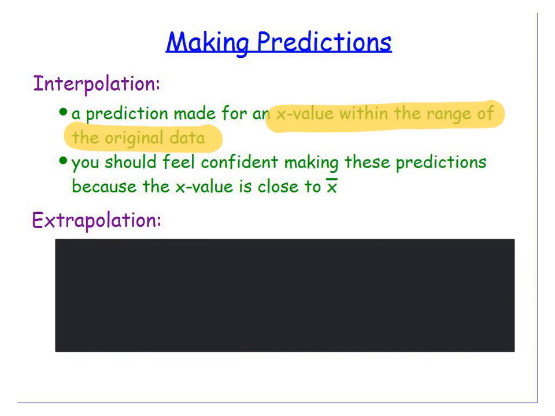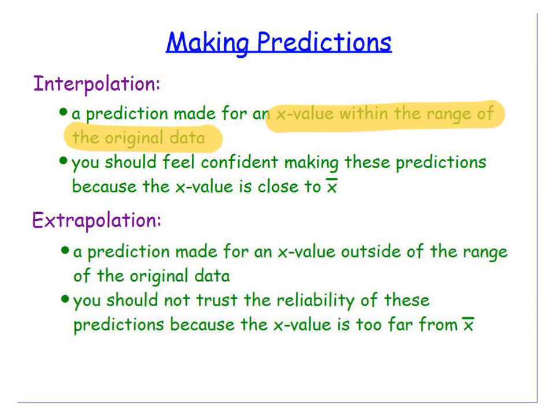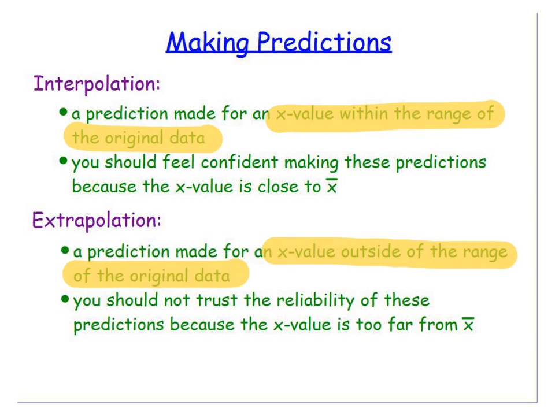The other type of prediction is extrapolation. This is a prediction made for an x value outside of the range of the original data. These, we should not always trust the reliability of these, mainly because you don't know what happens outside of your graph.